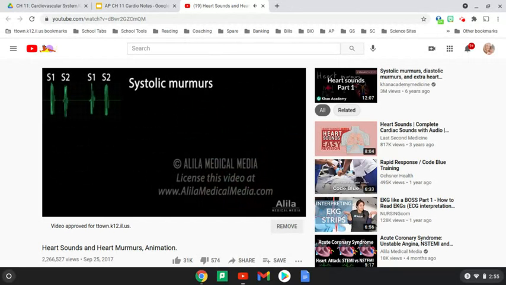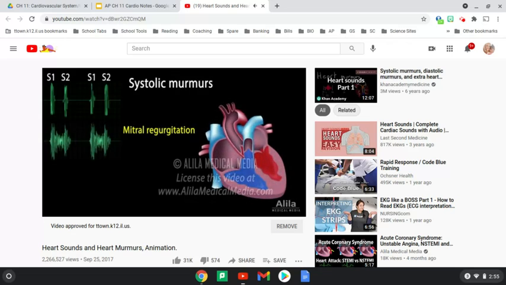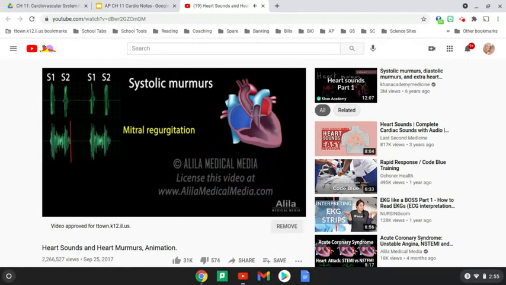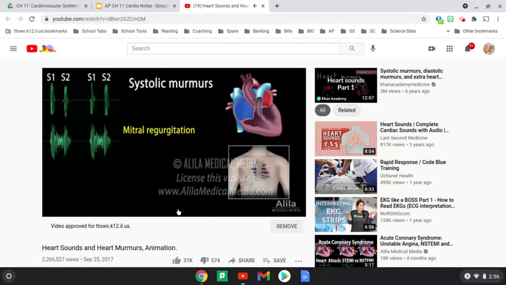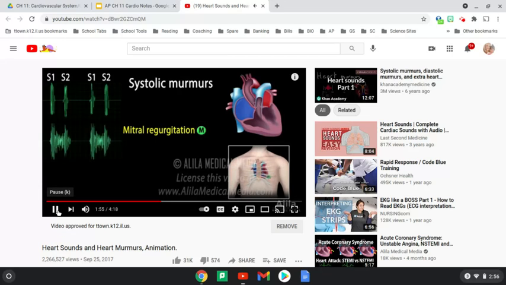Examples of conditions associated with common systolic murmurs include mitral valve regurgitation, when the mitral valve does not close properly and blood surges back to the left atrium during systole. The murmur starts at S1 when the AV valves close and maintains the same intensity for the entire duration of systole. This hollow systolic murmur is best heard at the mitral region, the apex.